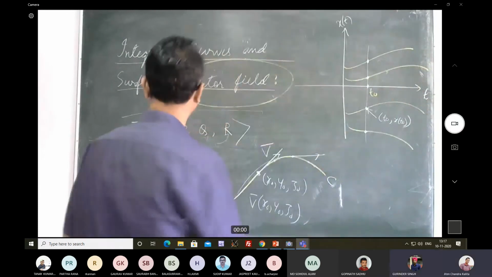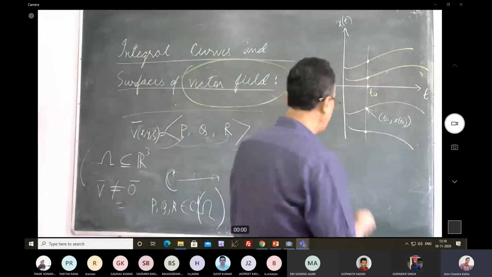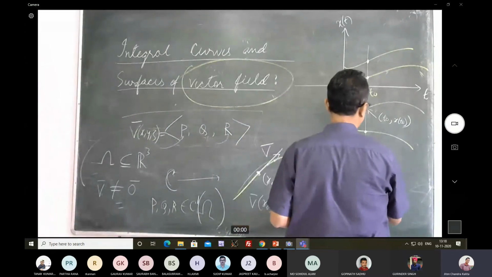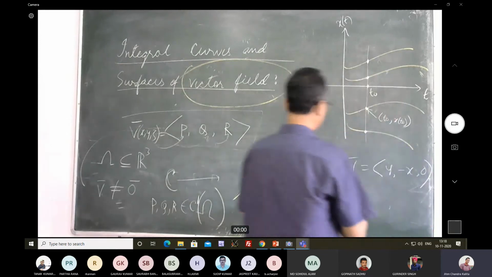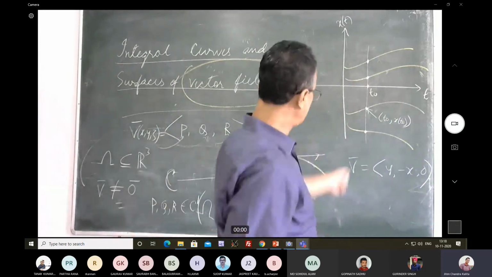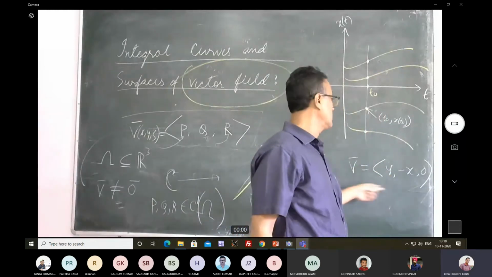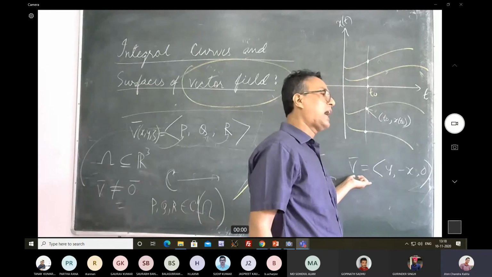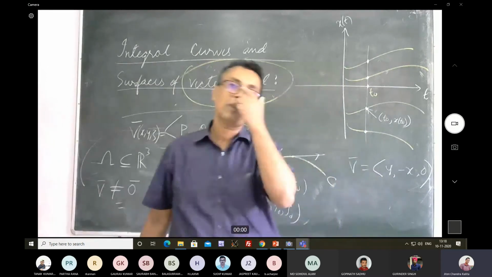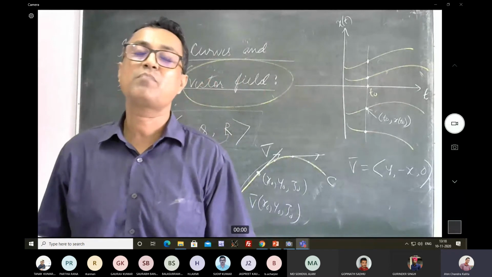Fine? So for example, if I consider the vector field V, earlier we have seen, y, minus x, 0, then for this to be related to an integral curve, what must we have?